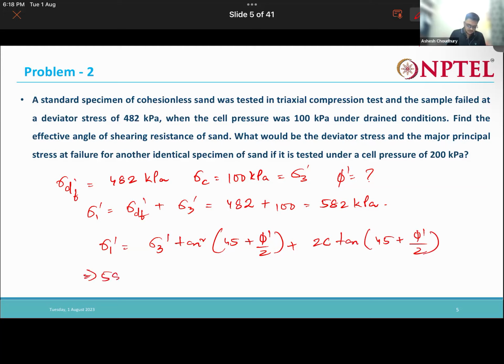So we put the values here. This is 100 tan square (45 plus phi by 2), and C is actually 0 because it's cohesionless sand. It's mentioned in the problem. That means C is 0. So if we solve this, we'll get our phi dash as 44.1.